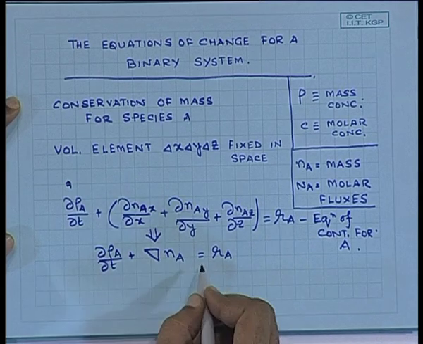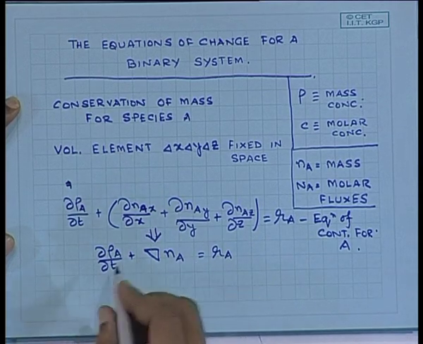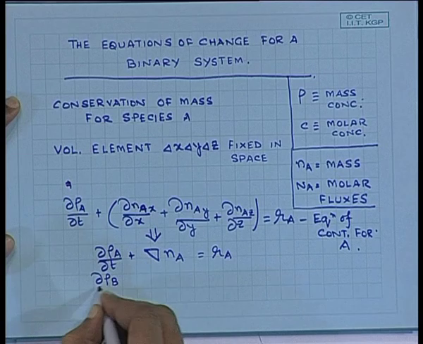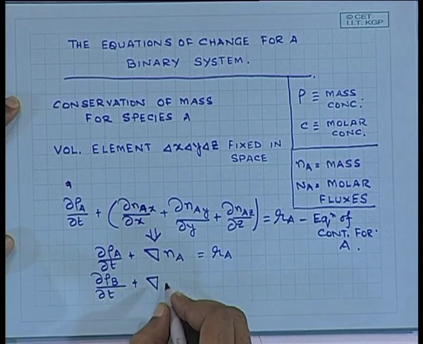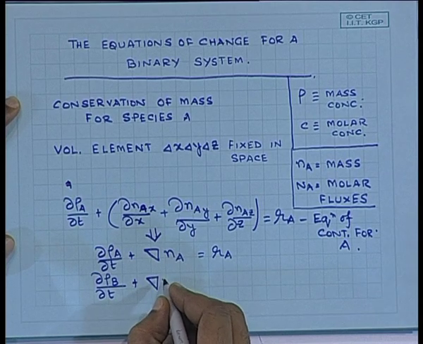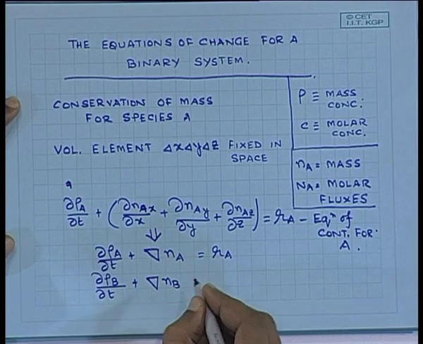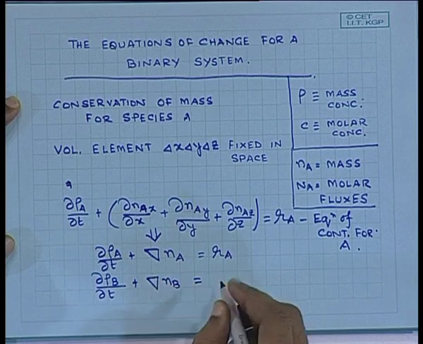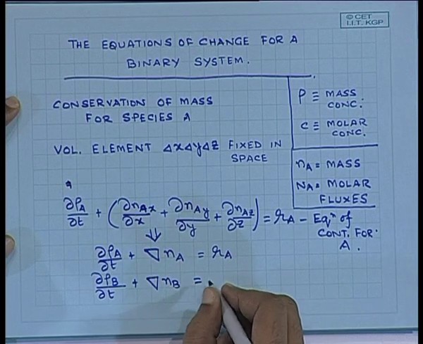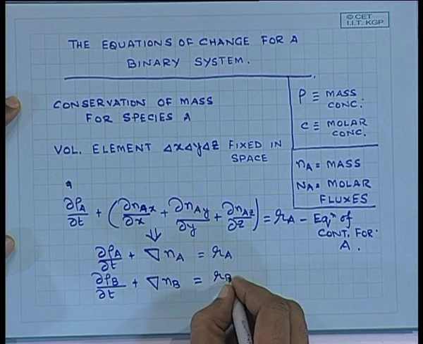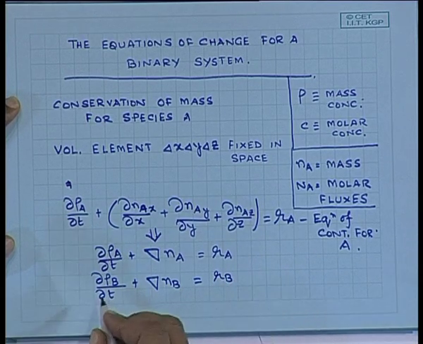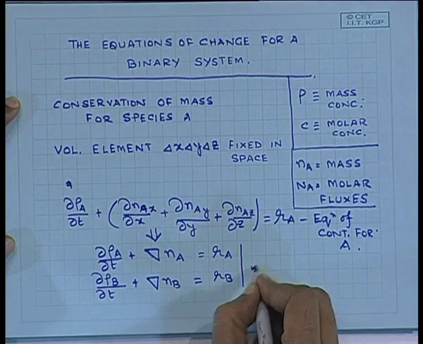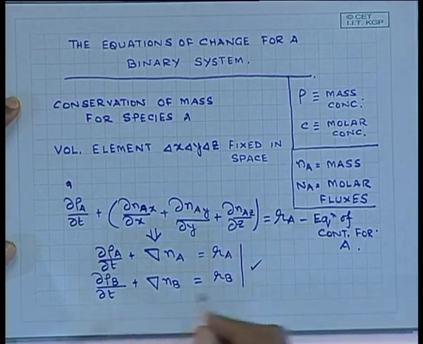So, if I can write this equation for A, I can similarly write the expression for B. So, change in mass concentration of B inside the control volume fixed in space is a result of mass flux of B into the control volume and the reaction rate with which B is being produced or destroyed. So, these two equations are going to be useful for us.